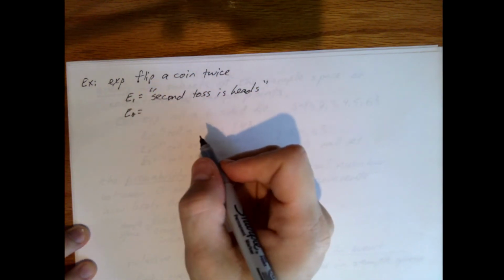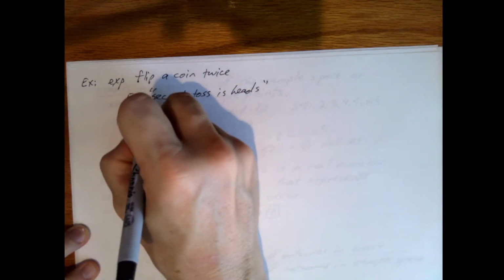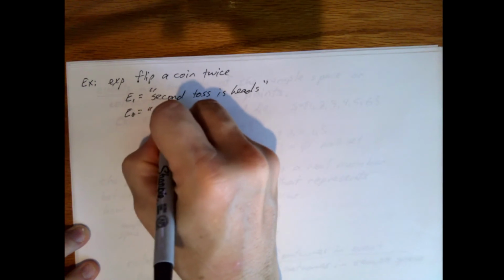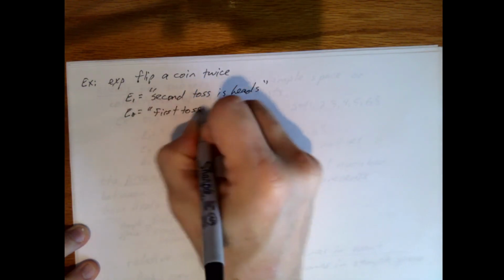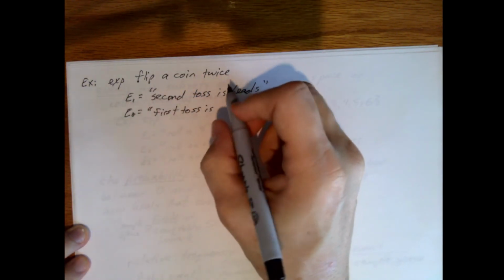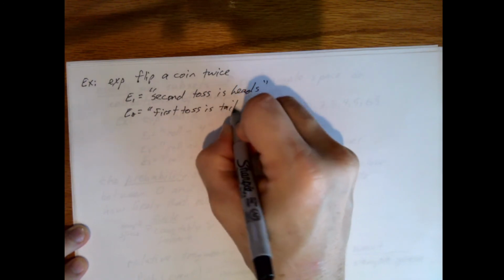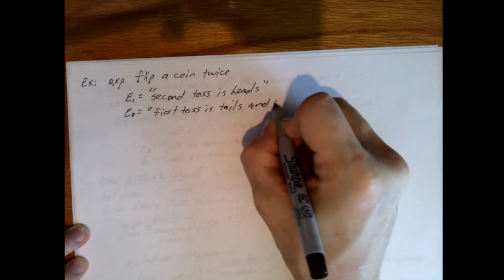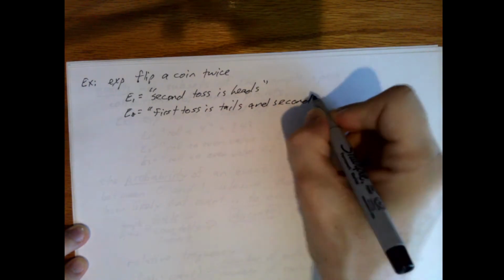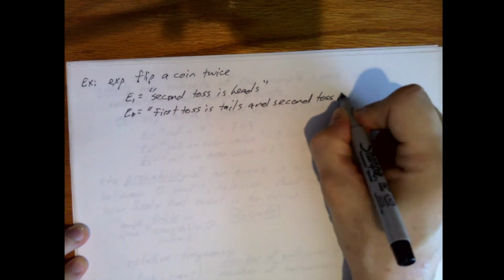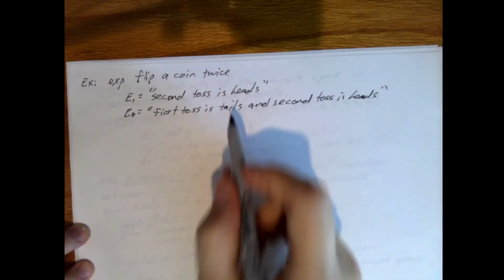And event 2 is first toss is tails and second toss is heads. So what are the probabilities of each of these?